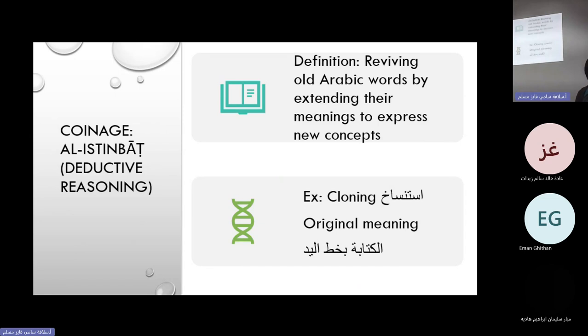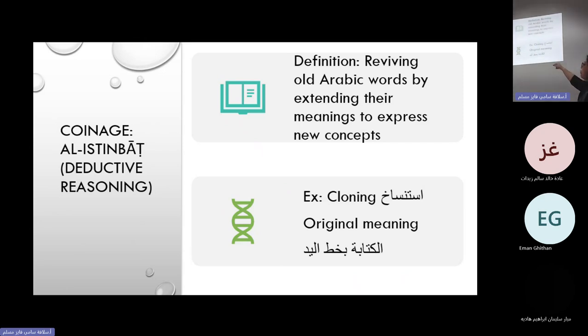الاستنباط, or deductive reasoning, زي ما حكينا, this is reviving old words that were used for something. We took them, we gave them a new twist, and we use them now to be the equivalent of a scientific or technical term. Okay?